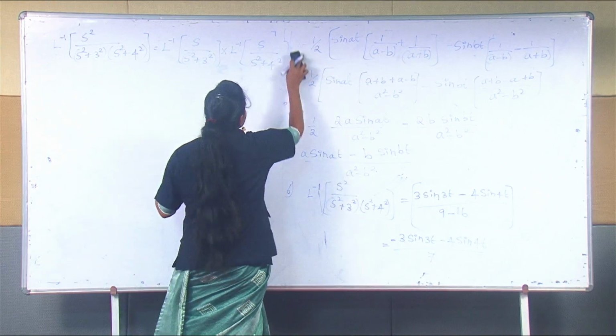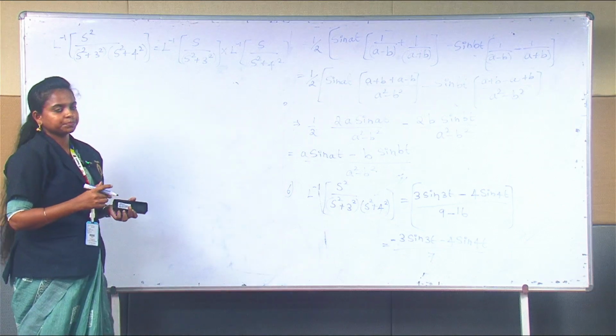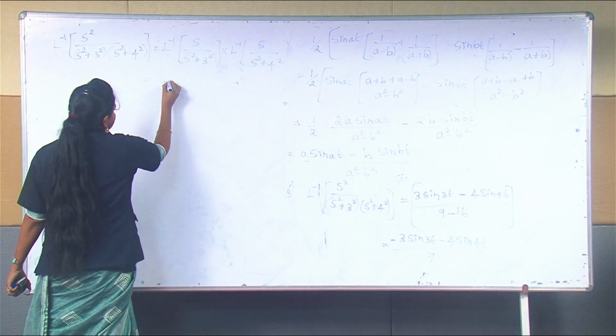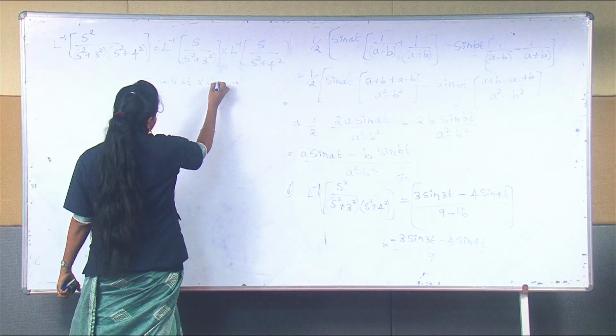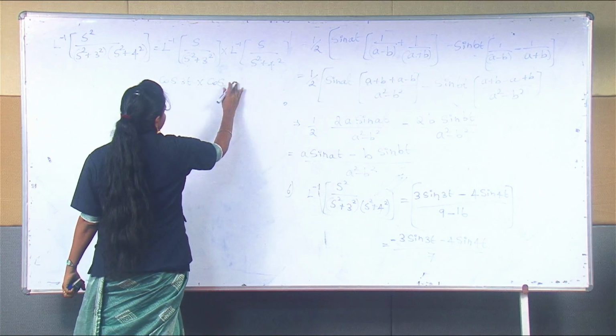We can use the direct formula. It is cos 3t into cos 4t.